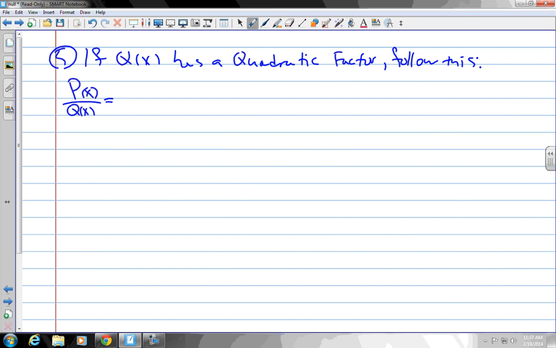Linear denominators get constant numerators. So you're still going to get something like A over L of x. But plus, if you have some kind of a quadratic, let's say ax squared plus bx plus c, then your numerator potentially could be some linear function. So some Bx plus C.